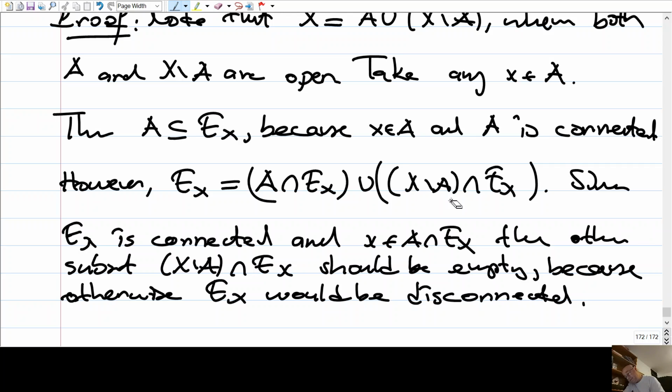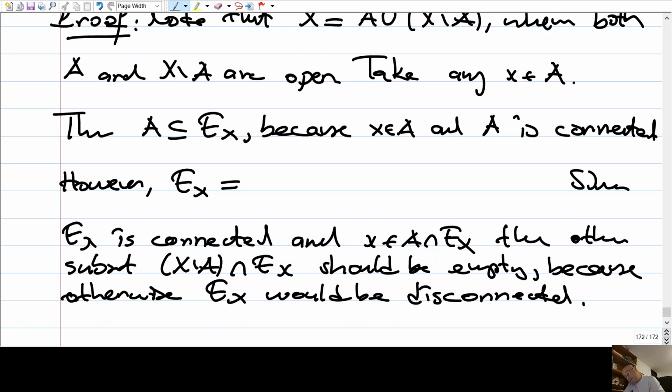Maybe I should write this. E_x is a subset of A union X minus A, right? Because this is just X. And this intersection is not empty; x belongs to this intersection. Therefore, if the intersection of E_x with X minus A were non-empty, then this would give a separation for E_x.